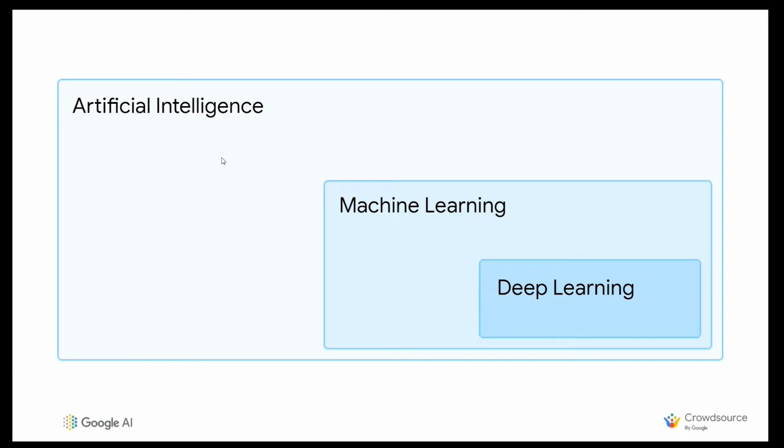And machine learning is more about creating models for a specific task and trying to solve that task using a particular algorithm. That is machine learning.